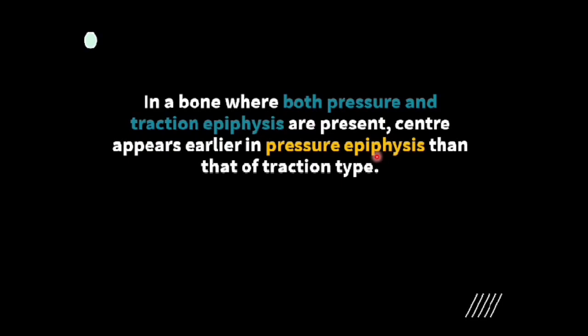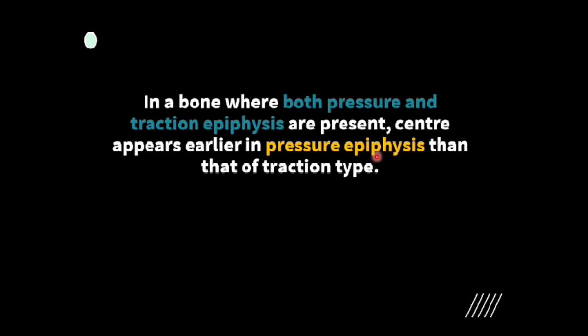And also you have to remember, if the two ends are having the same epiphysis, that means if the two ends are having the pressure epiphysis, then the ossification center appears in the proximo-distal direction. So that means, for example, in case of tibia, you have already seen that the upper end of tibia you have the condyles, and the lower end, both the tibia upper end and lower end help in the weight transmission.